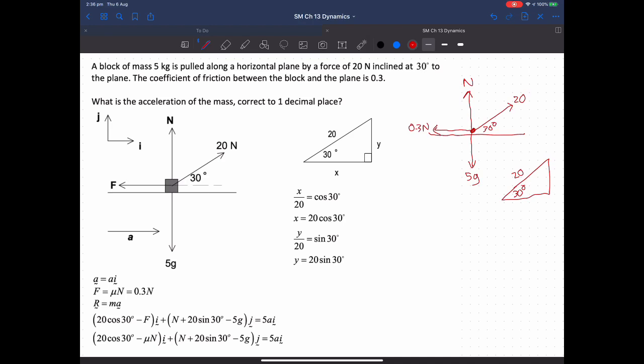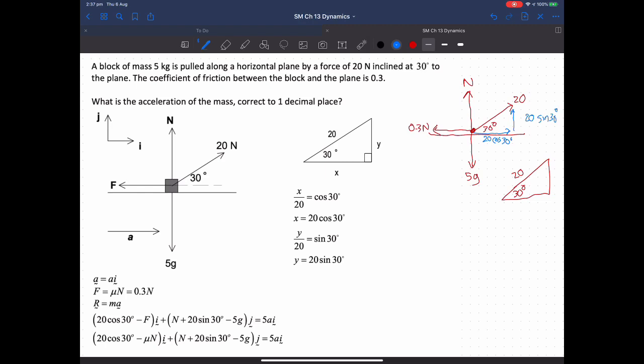That means if I go to resolve that, I will have a horizontal vector that has a magnitude of 20 cos 30 degrees, and a vertical vector of 20 sine 30 degrees.